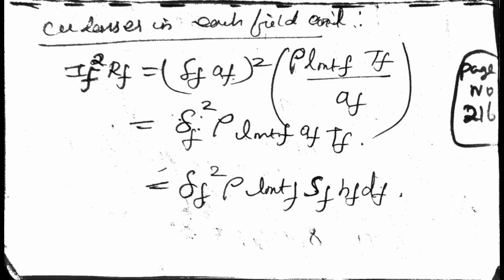Copper losses in each field coil: IF squared RF is equal to delta F AF bracket squared into rho LMTF TF divided by AF. IF squared RF is equal to delta F squared rho LMTF AF TF. IF squared RF is equal to delta F squared rho LMTF SF HF DF.